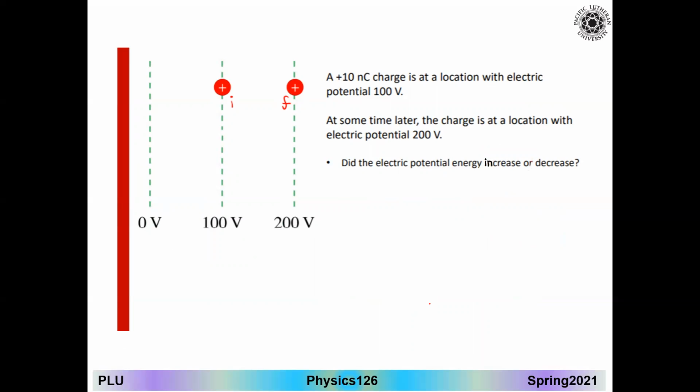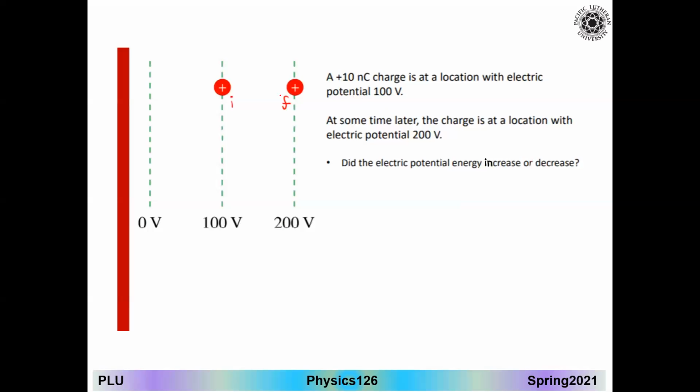Now let's see the second one here. I ask you to find the electric potential energy, whether it decreases or increases. So we calculate the electrical potential energy at two positions.